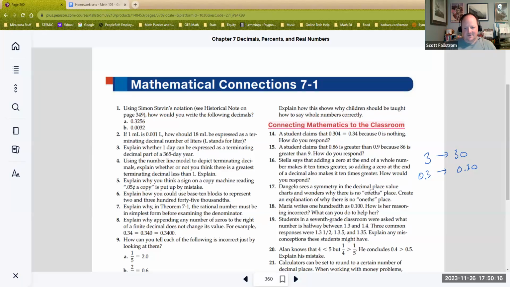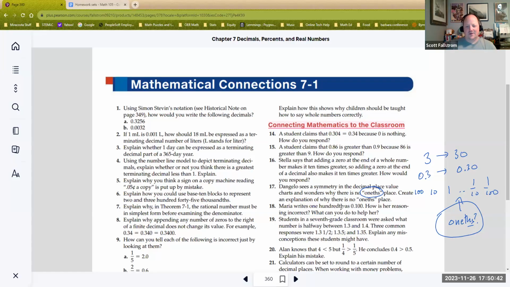D'Angelo sees a symmetry in the decimal place values and wonders why there is no oneths, right? We have ones, tens, hundreds. Then over here, tenths, hundredths. Why isn't there a oneths place value? Create an explanation. Tell D'Angelo. All right.